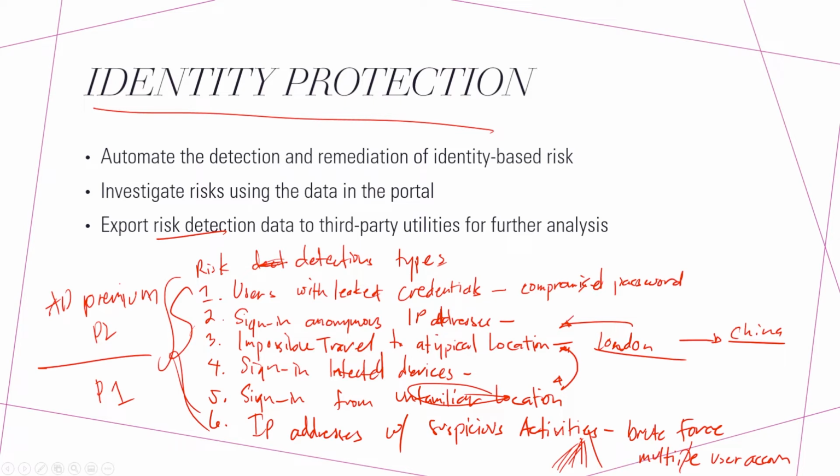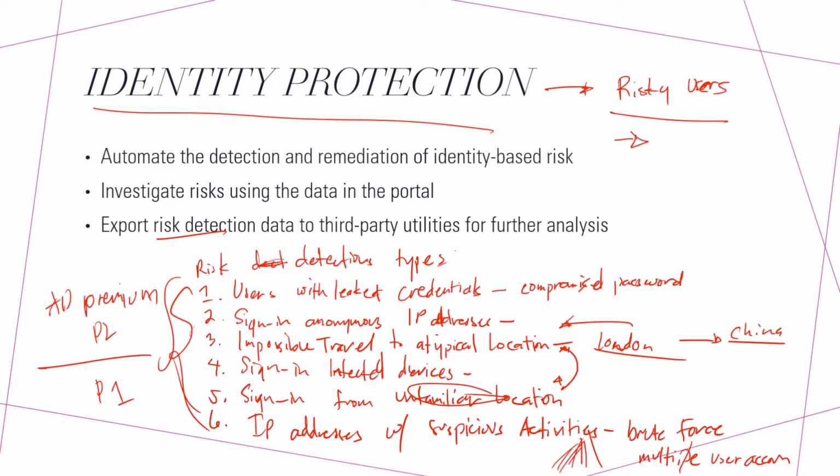So with these detection types, identity protection will come up with a risky users list. I will show you later in the Azure portal where that risky users list is.